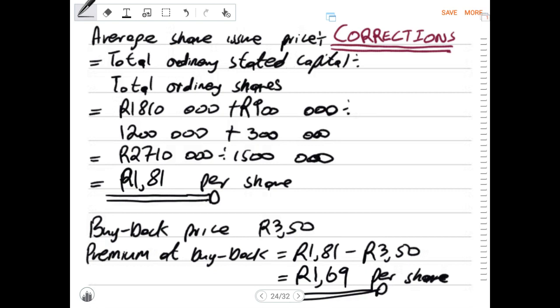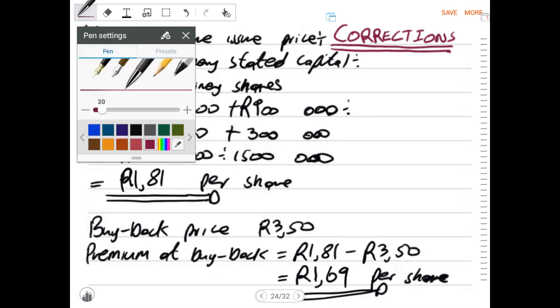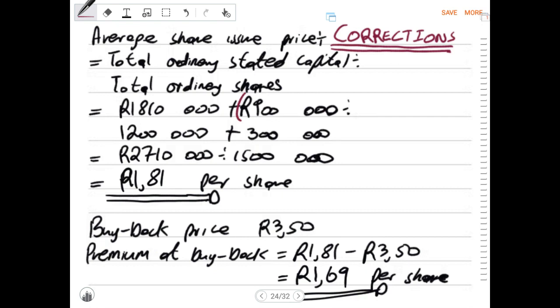The only part that I want to adjust is where we had to subtract our share issue cost, because the 900,000 was from the shares that were issued at the rights issue. The only thing that I forgot to do is to subtract 10,000, and that 10,000 was the share issue cost. Please go and check for that. Share issue cost was 10,000 rands.